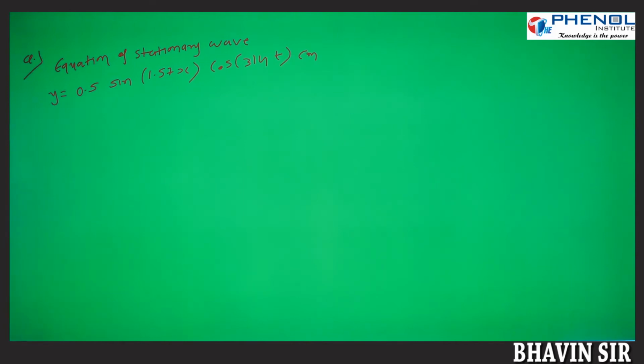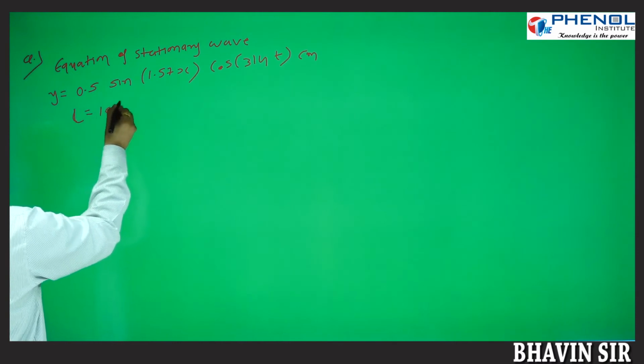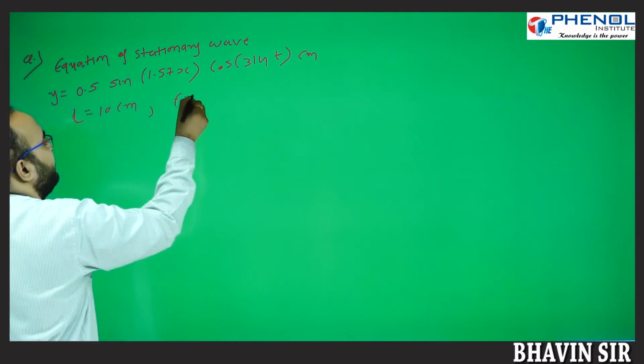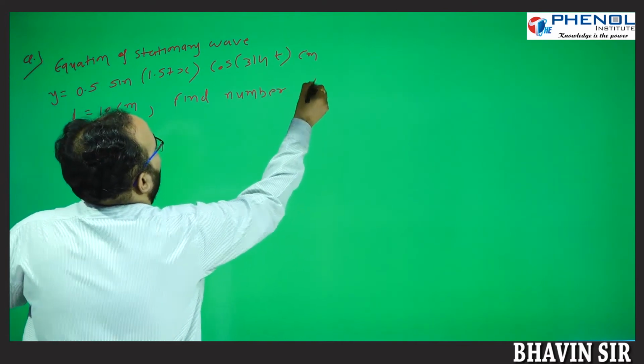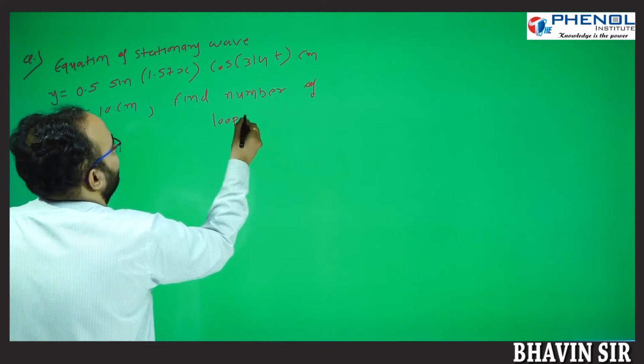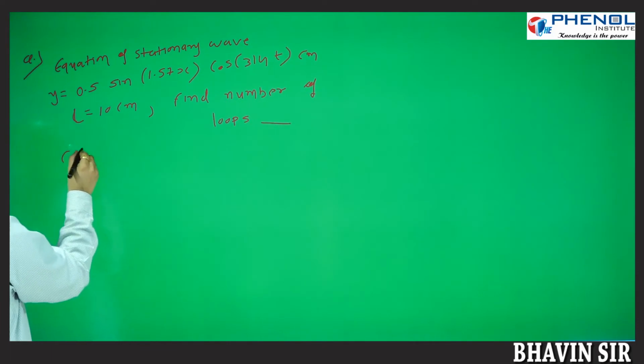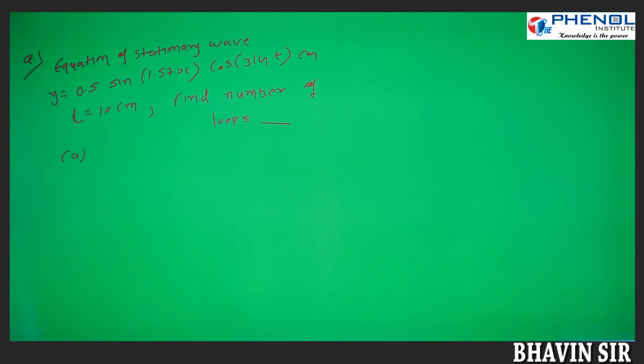So the length of the string is 10 centimeter. It is a stationary wave, the length is 10 centimeter, and we want to find the number of loops.